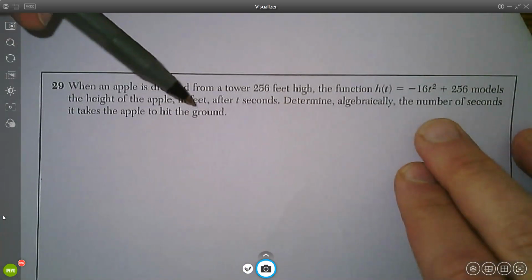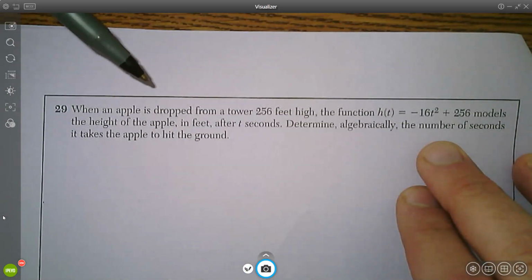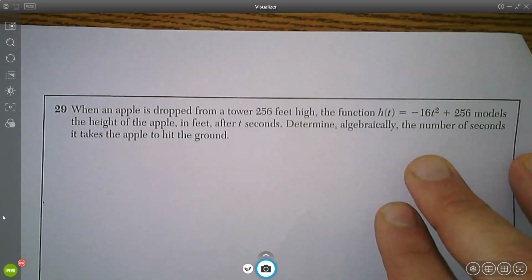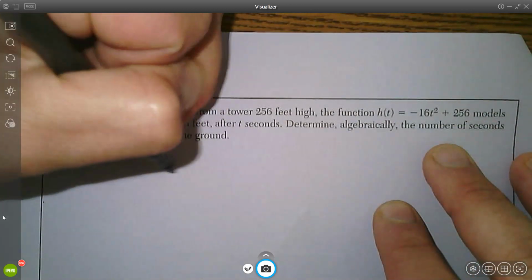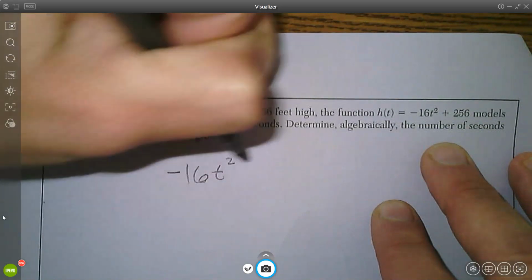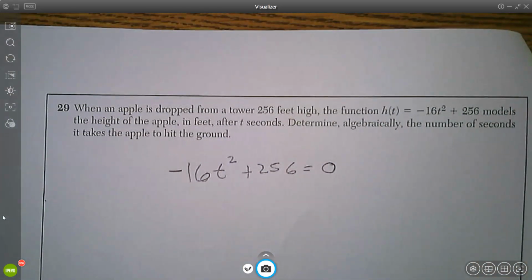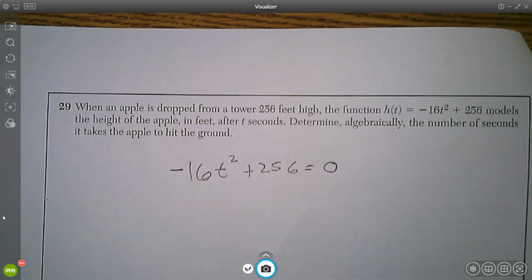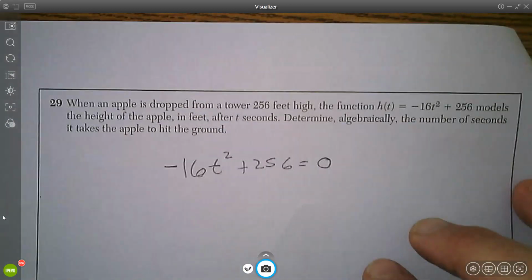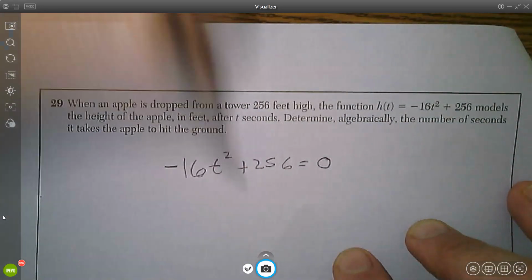All right, question 29. Determine algebraically the number of seconds it takes for the apple to hit the ground. Well, the ground means the height is 0, so -16t squared plus 256 equals 0. You can just do what we did just a question ago. This is quadratic formula. You're solving.